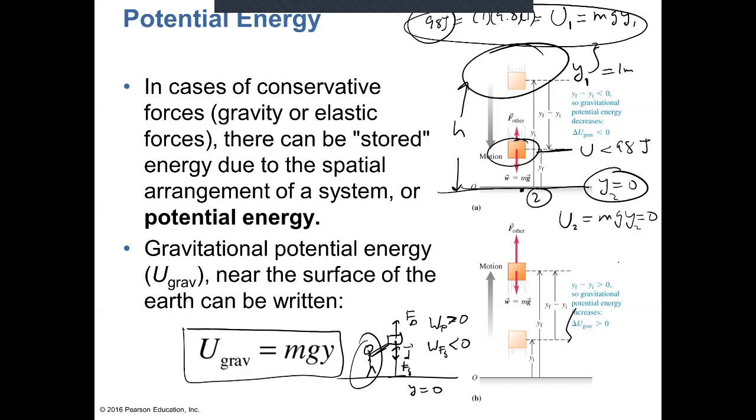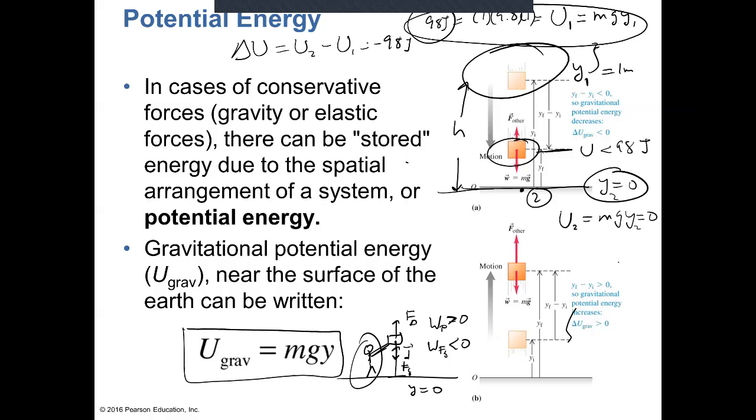That means my potential energy at point 2 is 0. So when I go from point 1 to point 2, I'm decreasing my potential energy. It goes from 98 joules to 0. That means the change in my potential energy, the potential energy at point 2 minus the potential energy at point 1, is negative 98 joules.